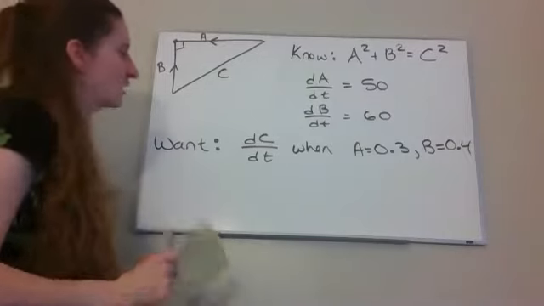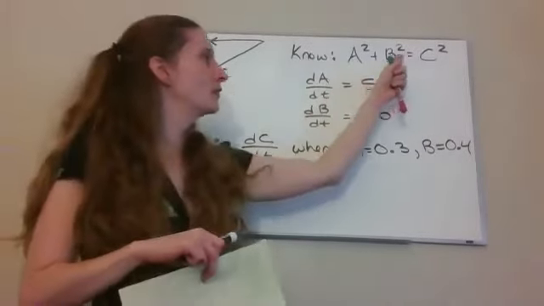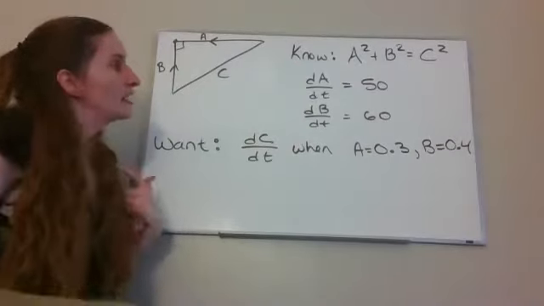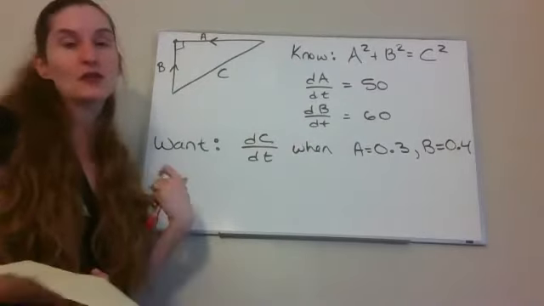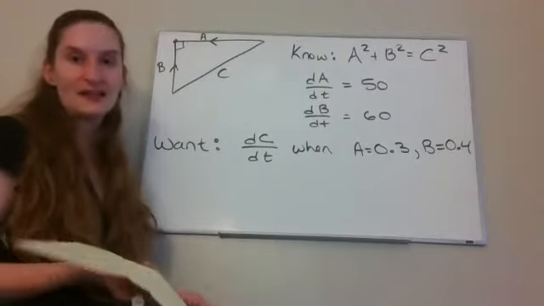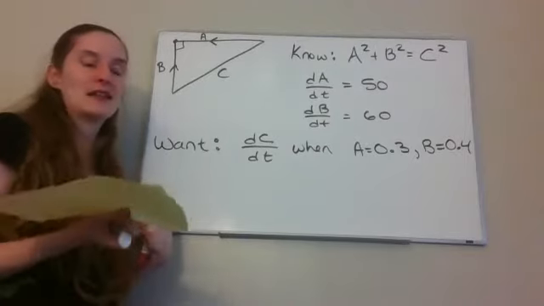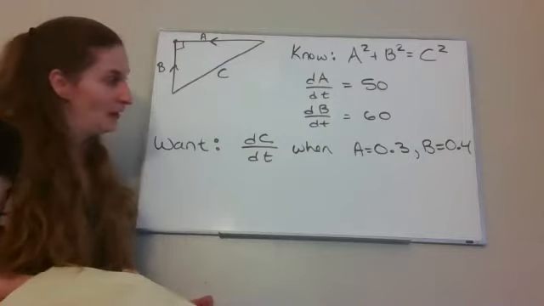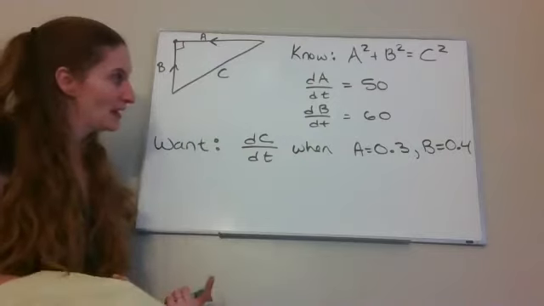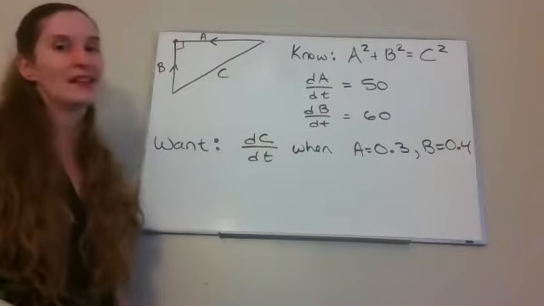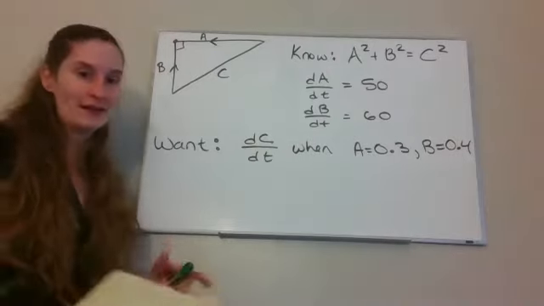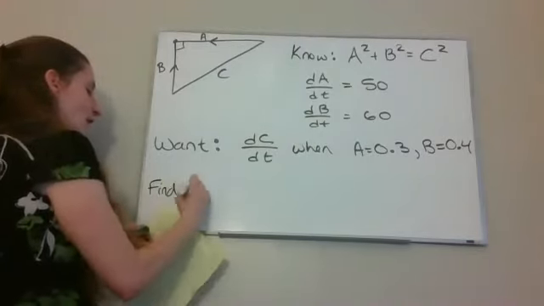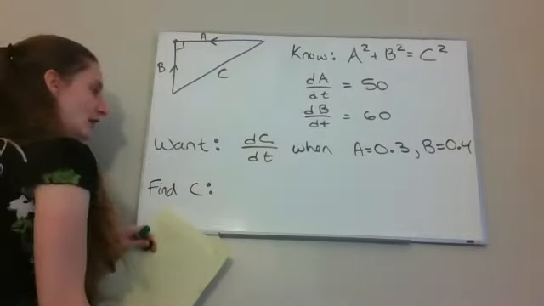So take a look at the equation that we have, a squared plus b squared equals c squared. Once I take all of my derivatives, I'm still going to have a's, b's, and c's, as well as dA/dt, dB/dt, and dC/dt. The only thing I don't have information about right now is what c is going to be, but we can find that. Let's find our c first before we do all of our derivatives.